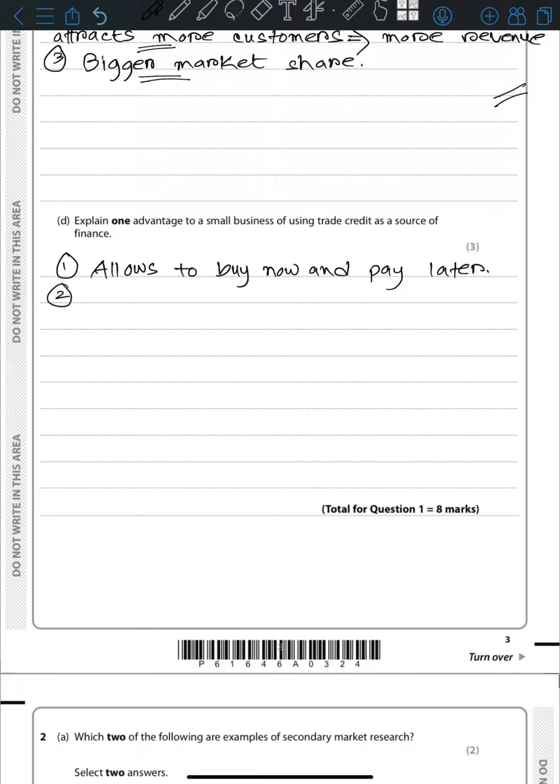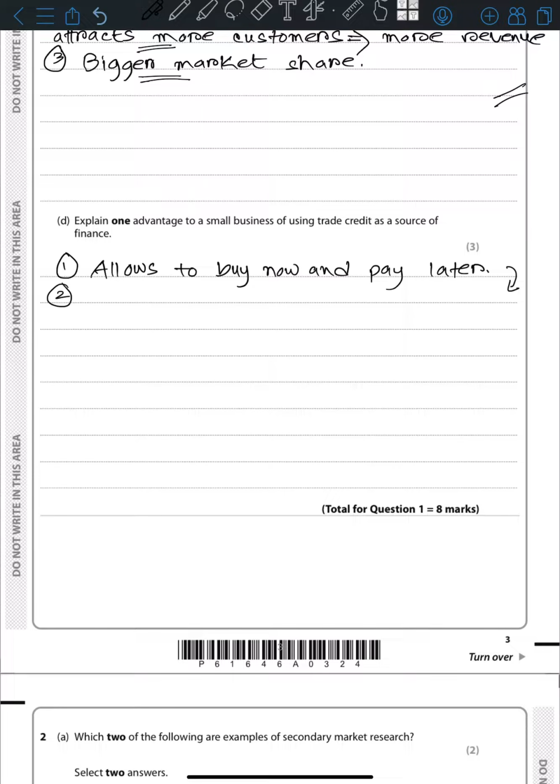Our second point is an elaboration of how this first line benefits our business. This means that the business has a chance to sell the goods right now, gain the cash flow, and then pay its supplier.